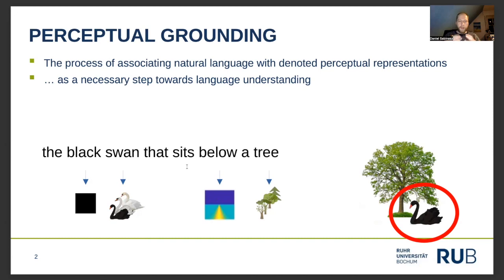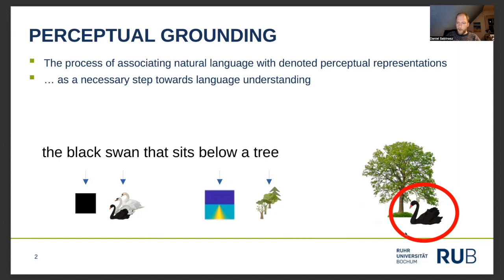another thing that's necessary to understand a phrase is to also identify, so in the case of noun phrases, which are phrases that describe an object, like the black swan that sits below a tree, there's a certain referent of that phrase. So if somebody tells me, look at the black swan that sits below the tree, then my understanding of the phrase requires also that I attend to the spatial location of the denoted object.